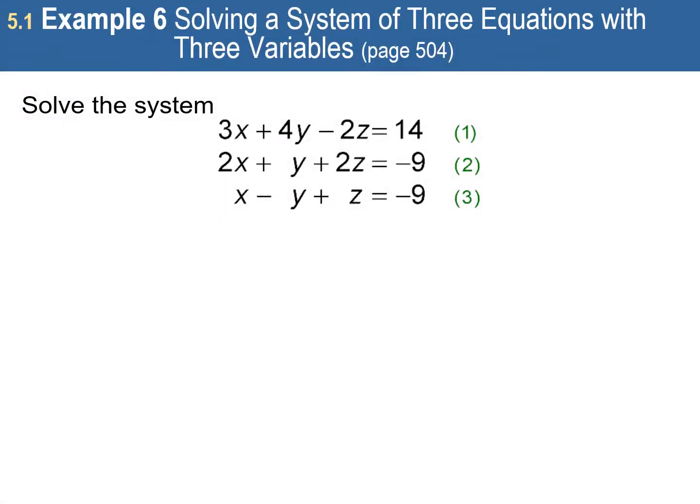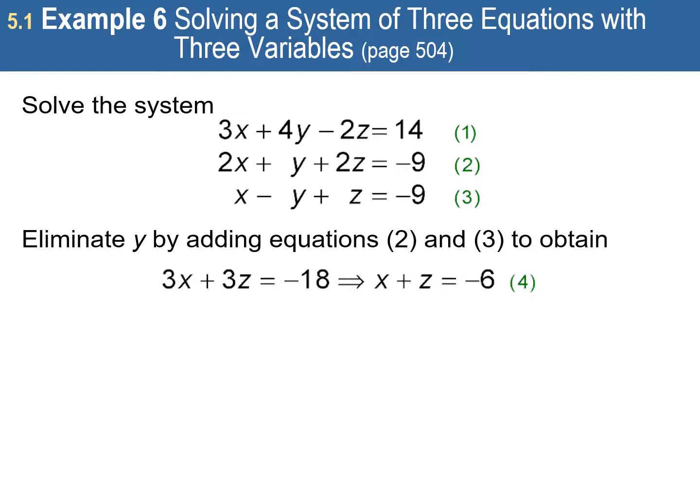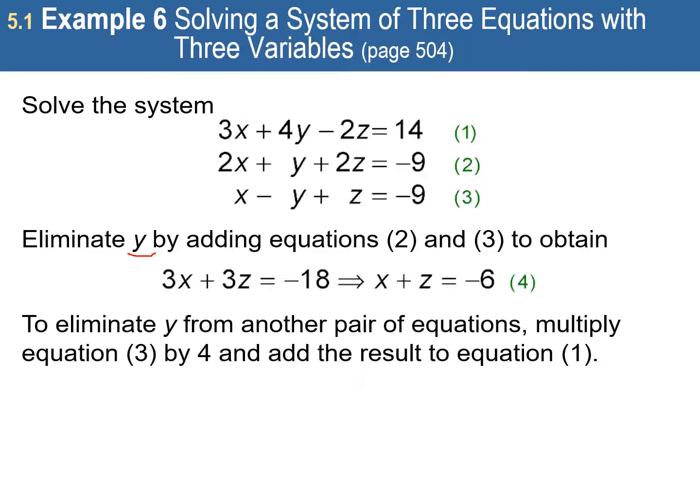So suppose I have the system 3x plus 4y minus 2z is 14, 2x plus y plus 2z is negative 9, x minus y plus z is negative 9. In this case, we can eliminate y by adding 2 and 3, and we get x plus z is negative 6. Now, I eliminated y, so I need to eliminate y from two other equations.